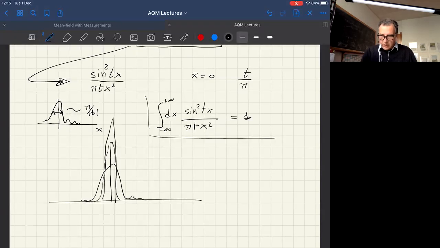But something you can see is the following. First of all, you can check that this does not depend on time. For instance, you just define the new variable y equals tx.